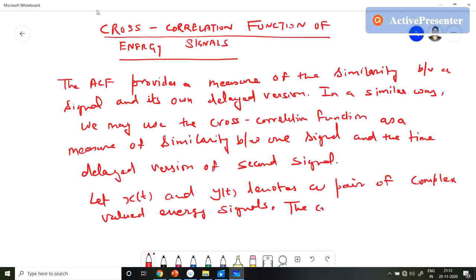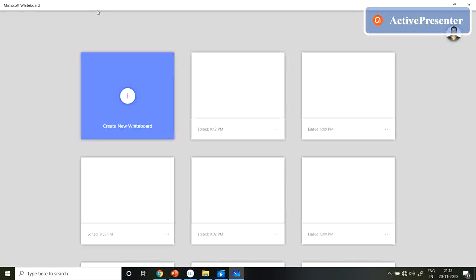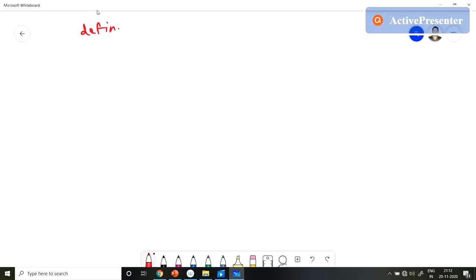The cross correlation function of this pair of signals is defined as r_xy(tau) is equal to the integral from minus infinity to plus infinity of x(t) y conjugate (t minus tau) dt.